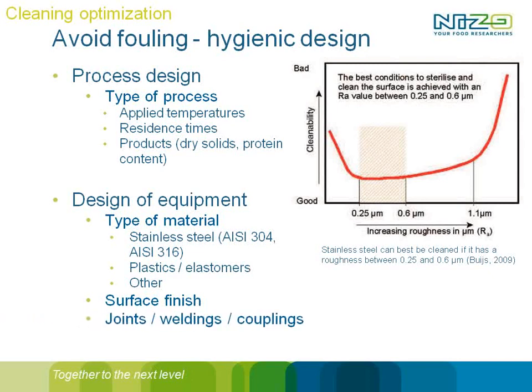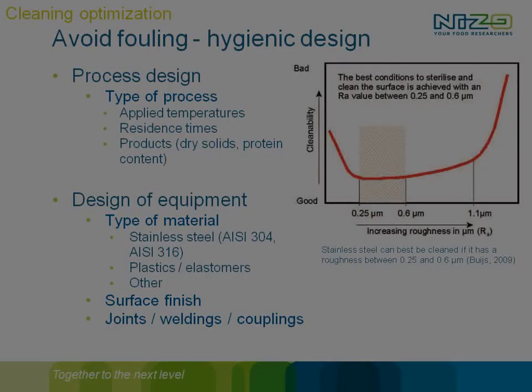And well, that's for the basic surface finish. Of course, something which we also observe quite often is joints and weldings and couplings. If you have a bad welding with a very rough inside, okay, that can be a start of fouling within your equipment. And then you can have a very good stainless steel with a very good surface finish, etc. If your weld is not good, that's the start of trouble.